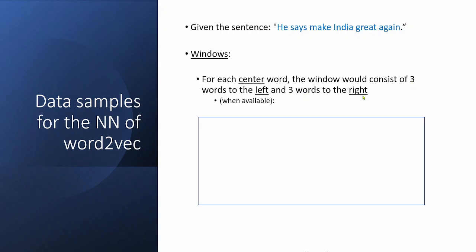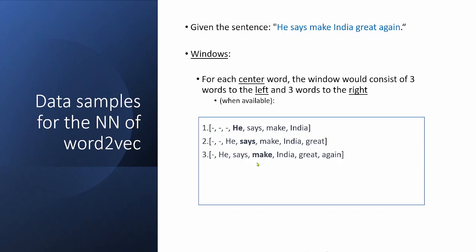Essentially, for the first word, "he", there's nothing on the left-hand side, so no tokens there, but these three become the context words for the target "he". Now the window is sliding, so the next word is "says", and on the left-hand side, the window size is 3 and you have one word here, and the window size is 3 on the right-hand side, so these become the context words. Likewise, the sliding window moves to the right.